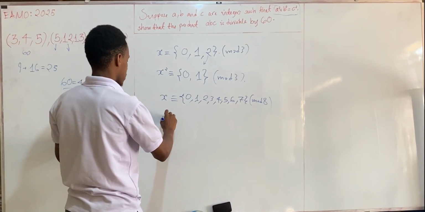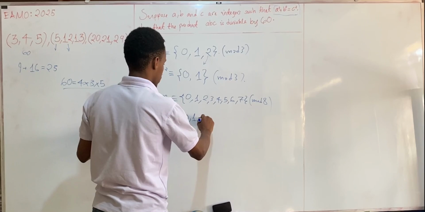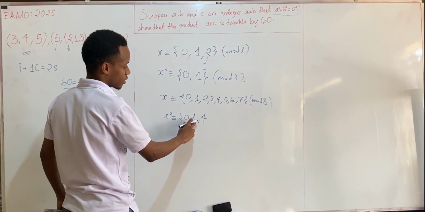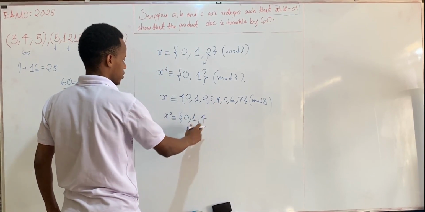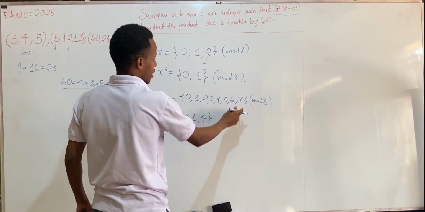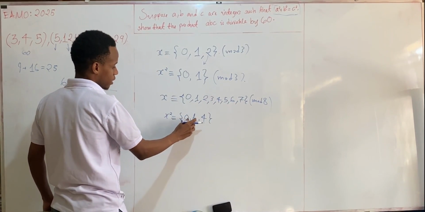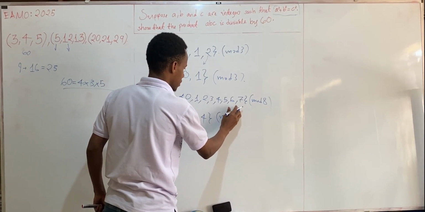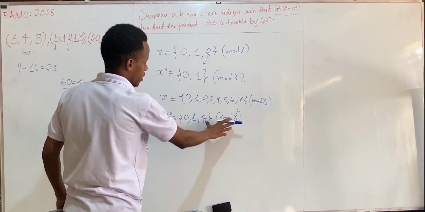In this case, the squares will be congruent to 0, 1, 4. 3 squared is 9, so it's congruent to 1 modulo 8. 4 squared is 16, which is 0 modulo 8. 5 squared is 25, which also is 1 modulo 8. And 6 squared is 4 modulo 8. And 7 squared is 1 modulo 8. So all the perfect squares will leave a remainder of either 0, 1, or 4 modulo 8. So there are only 3 possible remainders of perfect squares modulo 8.